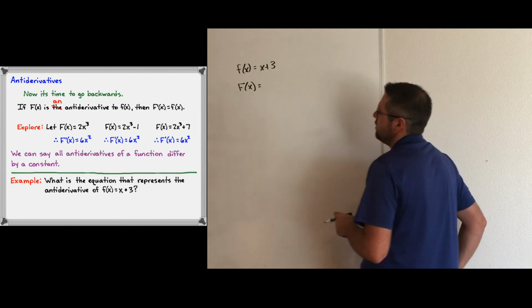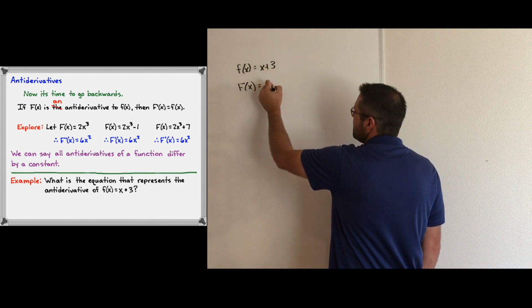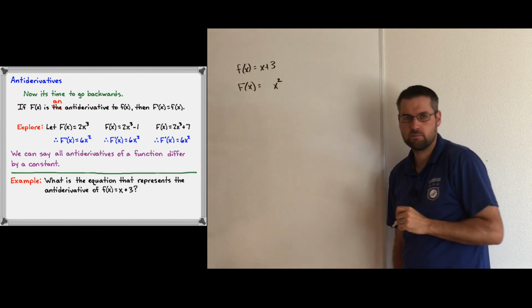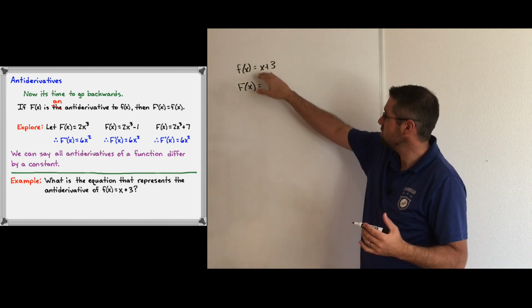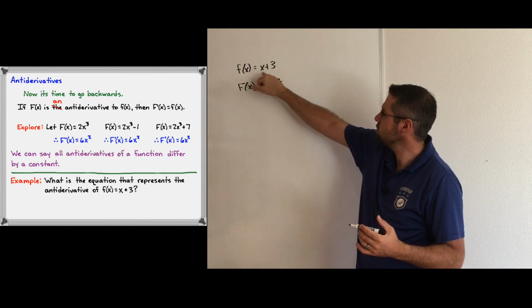So the first thing I note is that this guy is x. So then the antiderivative of this must be x squared, right? Because if I take the derivative of this guy, I should get this. If I take the derivative of this, I subtract 1 from that exponent, I get an x function there.